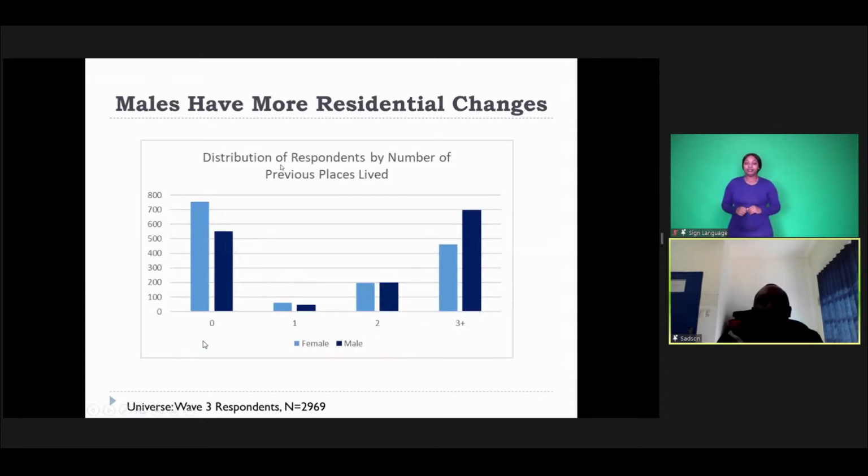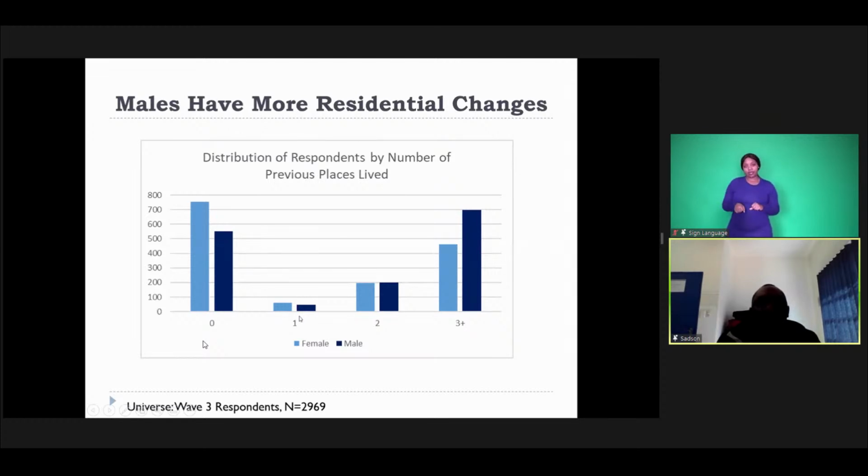Again, in terms of the distribution of respondents by number of previous places where our participants have lived, we observed that males have more residential changes. As you can see from the table here, those who have not moved, possibly these non-migrants, are mostly females, and the number of males is lower.